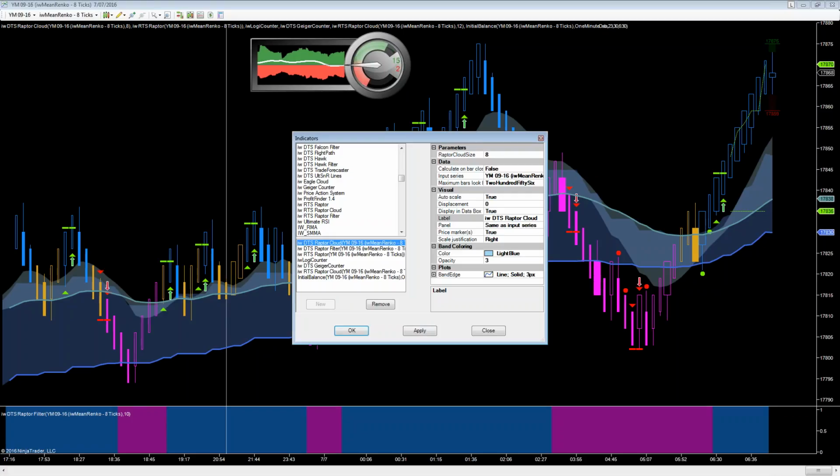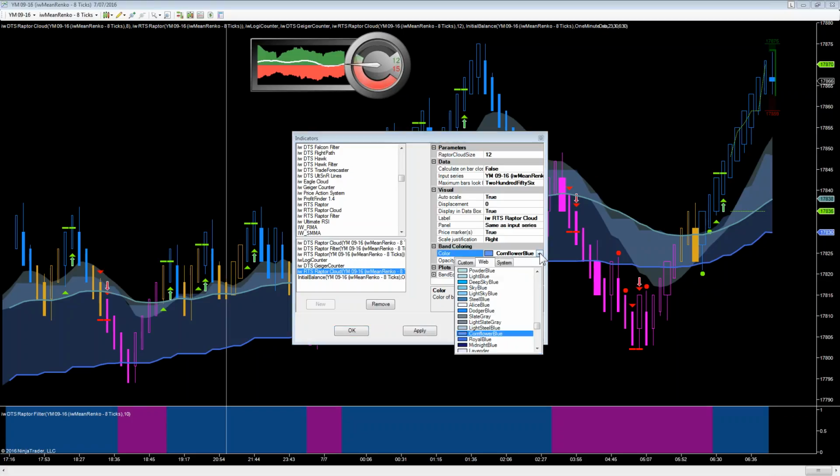On one of your Raptor clouds, change the size to 8. On the other Raptor cloud, you can leave the default size as 12, but you're going to need to change your colors. So down here where it says band coloring, pick a color, any color, just not the default color.